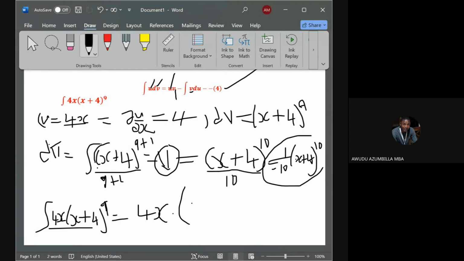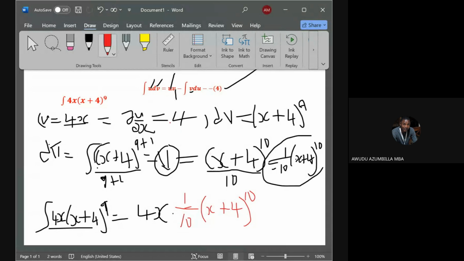And that is going to give us 1/10, then bracket x plus 4 raised to the power 10.